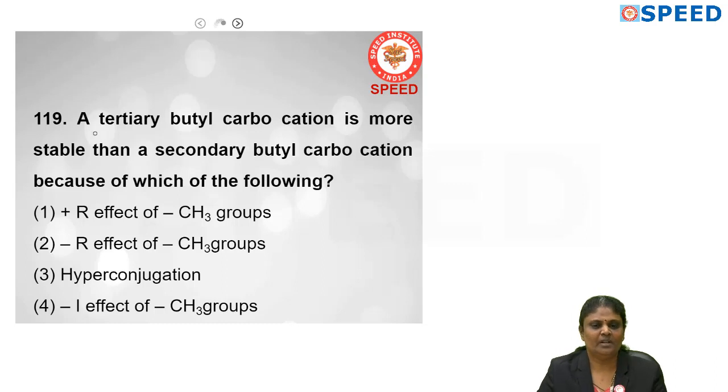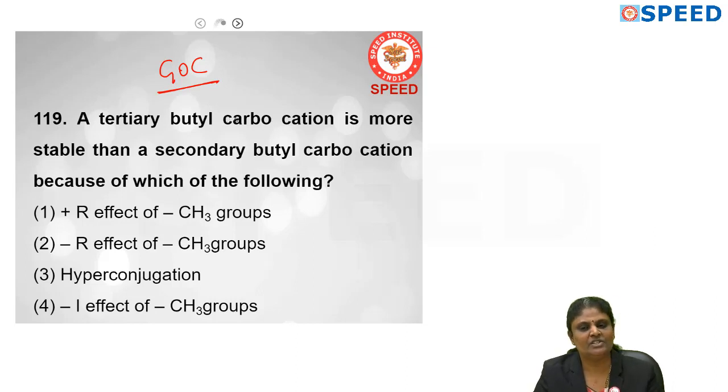And the next one: a tertiary butyl carbocation is more stable than a secondary butyl carbocation because of which of the following? This is from GOC, that is general organic chemistry, basic concepts of organic chemistry from the 11th standard portion. I think the correct option is hyperconjugation.